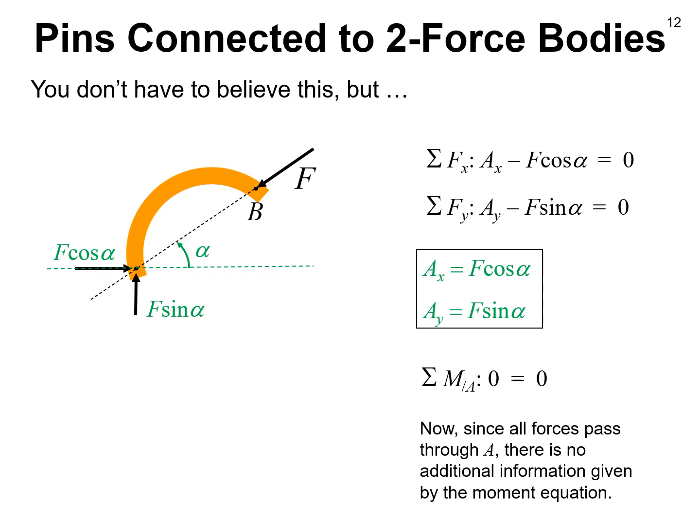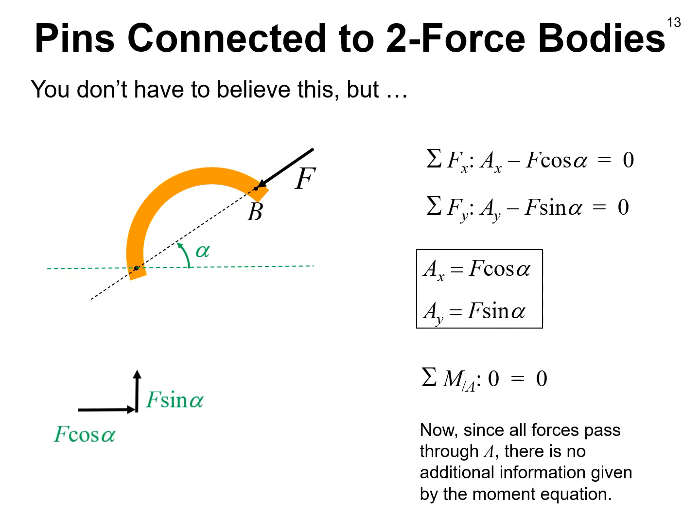Okay, so where do we go from here? Let's take that force, or the two forces at point A, and make a force triangle as if it were two components of a given force. And I think it's clear, but just to go through this, if I took (F cosine alpha) squared plus (F sine alpha) squared, I get F squared.